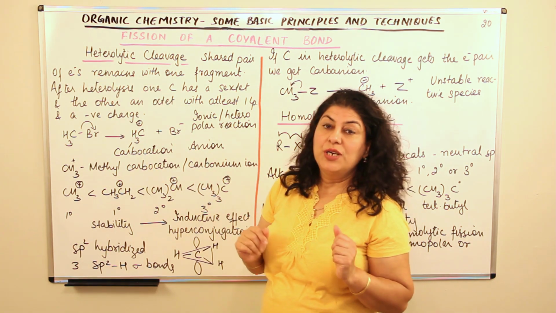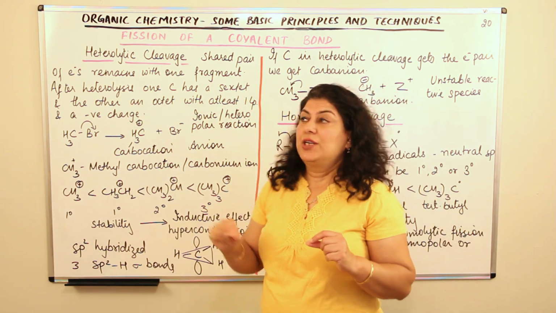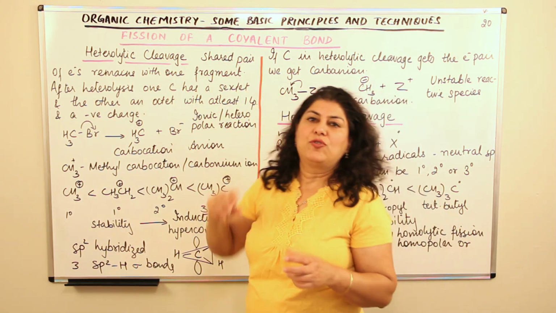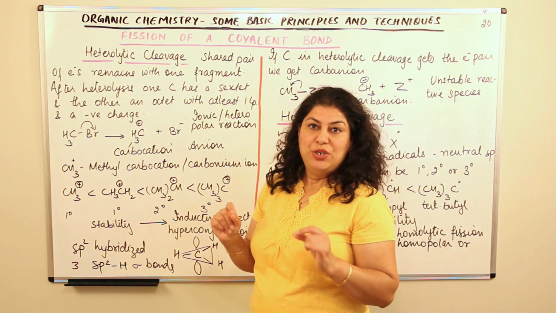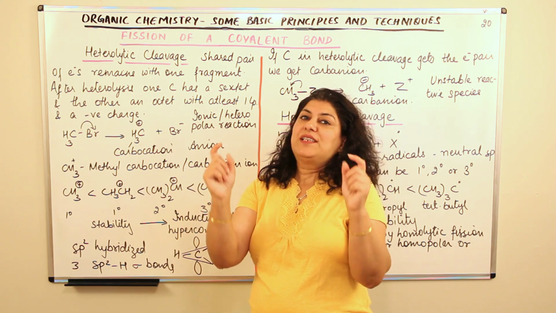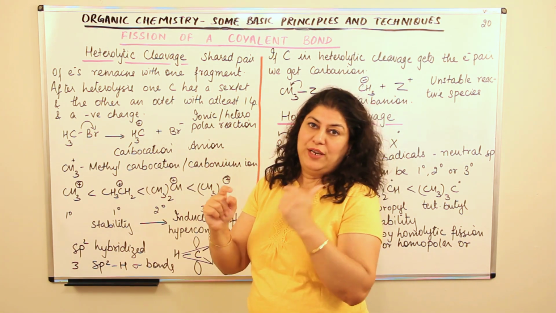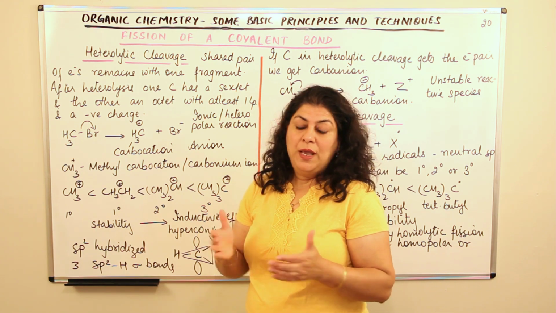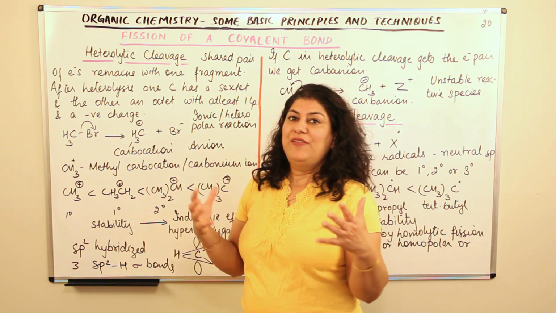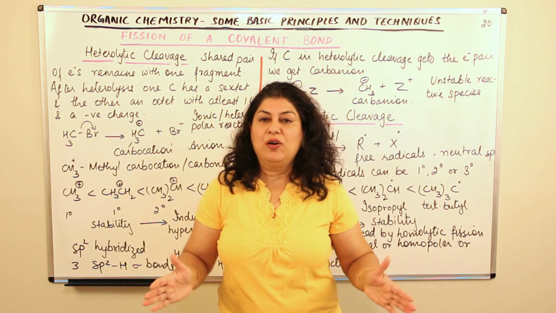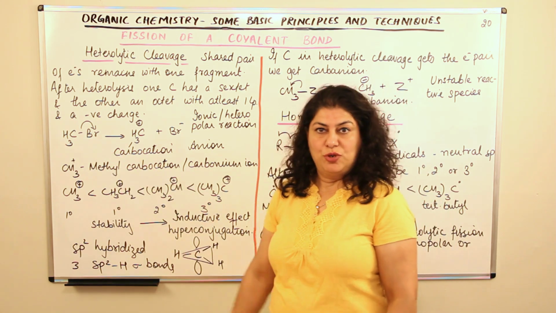So let's study heterolytic cleavage first. What is a covalent bond? A covalent bond is formed between two atoms where both atoms contribute one electron each, and this is a shared pair of electrons between the two atoms. If it was just a normal breaking of the bond, I contributed one electron and my neighbor contributed one electron.